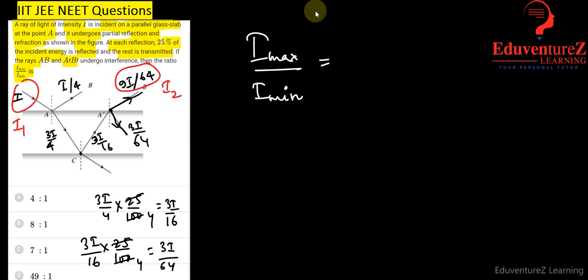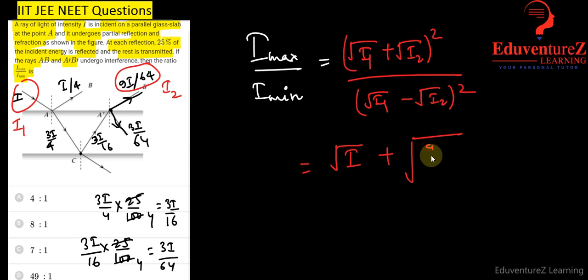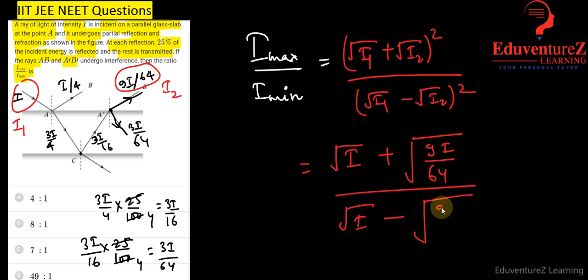If we want to find the maximum intensity, then the formula is root under I1 plus root under I2 whole square. And for the minimum intensity, the formula is root under I1 minus root under I2 whole square. So I1 is I, so root under I plus root under 9I upon 64, and root under I minus root under 9I upon 64, whole square.